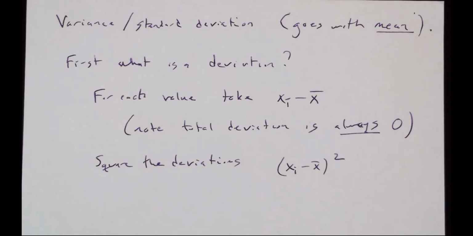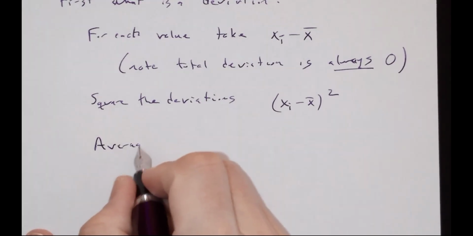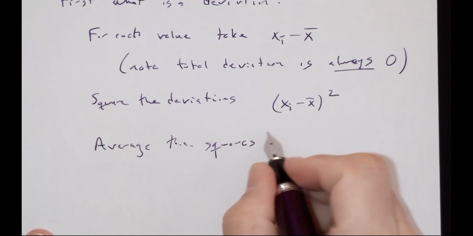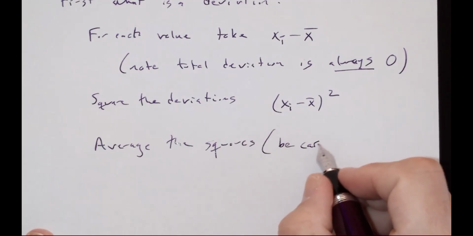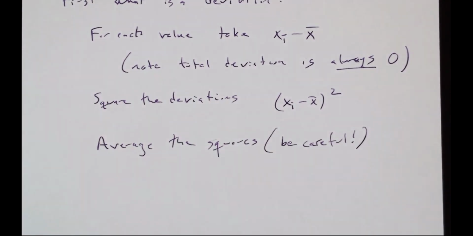Well, if I want a standard deviation, let's add those up and divide by how many there are. I'll take an average. Almost. Here is a sneaky, sneaky, sneaky thing.